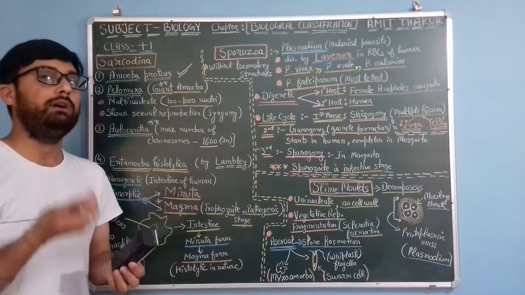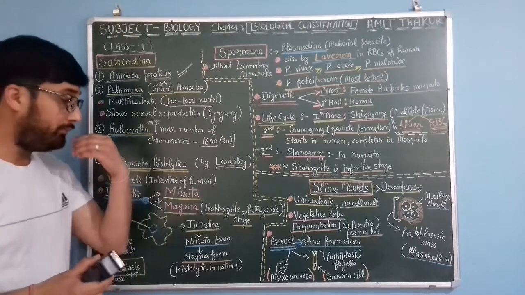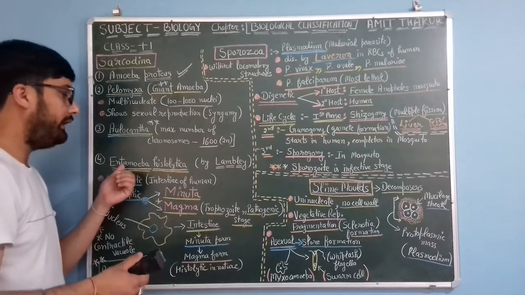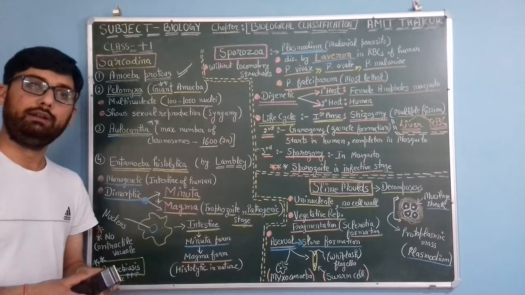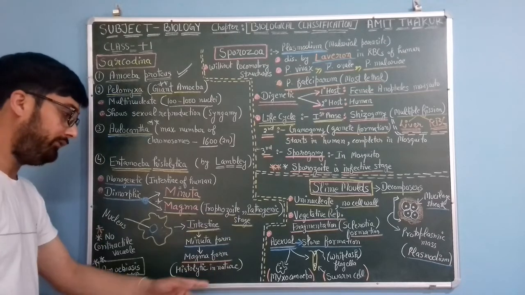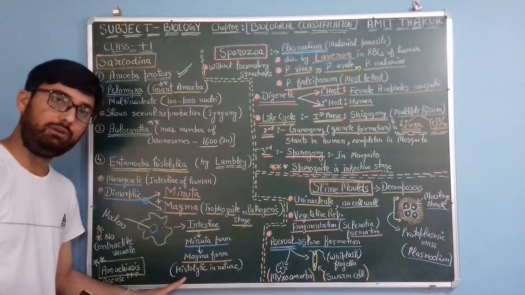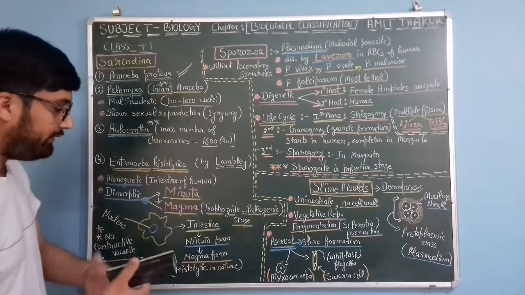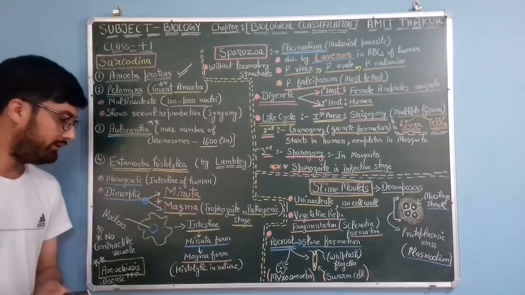Sometimes you observe blood in your stool. That may be due to the presence of Entamoeba histolytica inside your intestines. So this magna form, which is the pathogenic form, is histolytic in nature, meaning it breaks down the intestinal linings.